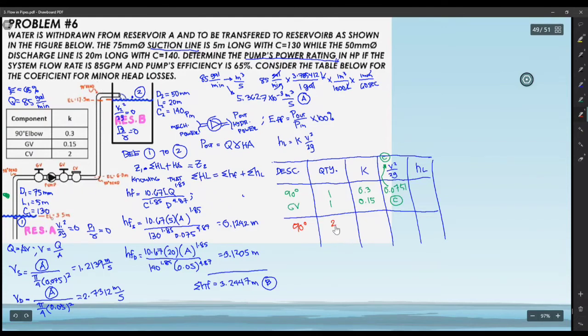So, dalawa yung ating value dun. And then, yung value niya ng K is 0.3. Okay. So, dito, iba yung ating velocity head. So, ang gagamitin natin velocity is ito. So, 2.7312 squared divided by 2g or 19.62. So, that is 0.3802.